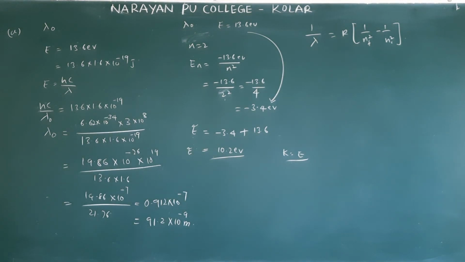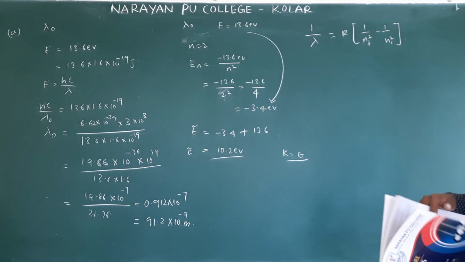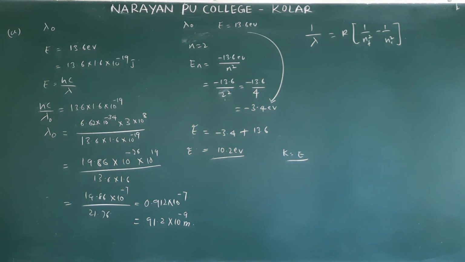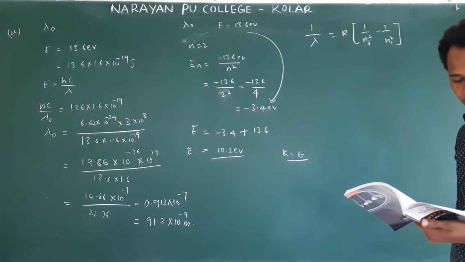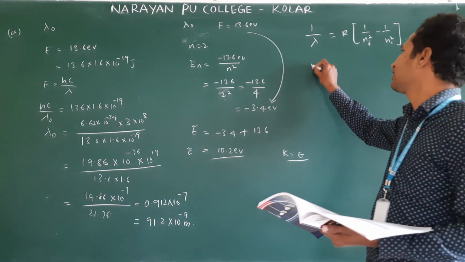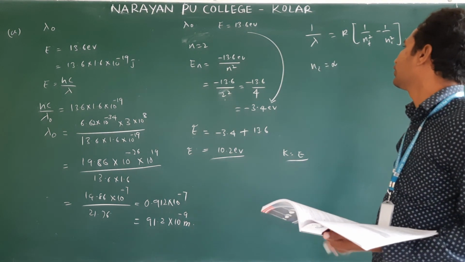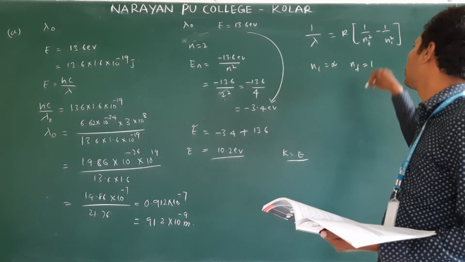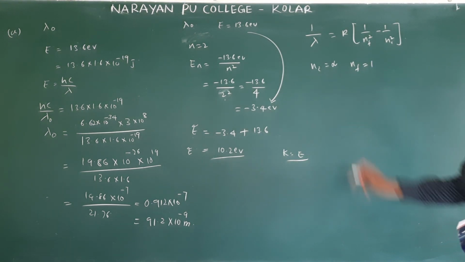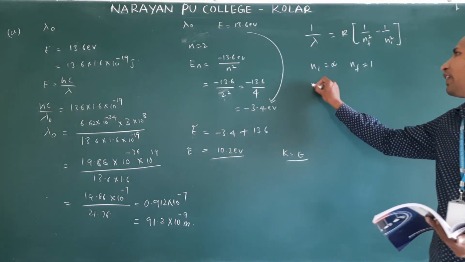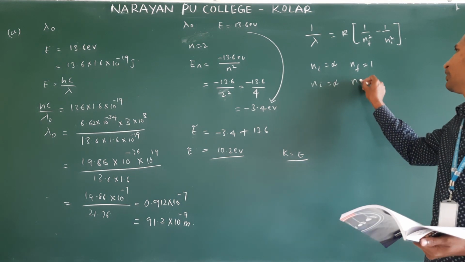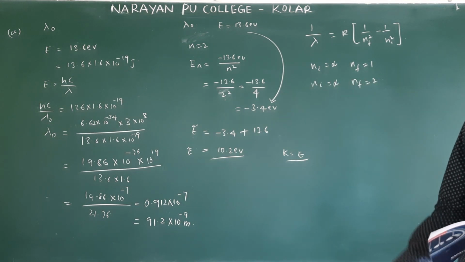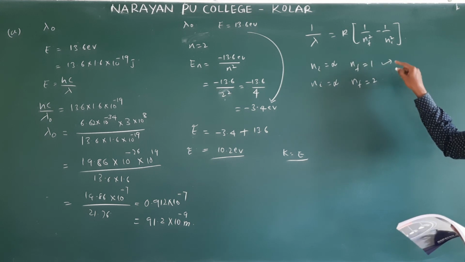When the electron jumps from higher energy to the first excited state, that spectral series is called the Balmer series. So we calculated all those wavelengths, right? And here you need to understand one point: series limit. Series limit means initial state Ni is equal to infinity and N final jumps to 1. This is the series limit for the Lyman series. If N initial is infinity to N final is 2, then this is the series limit of Balmer.